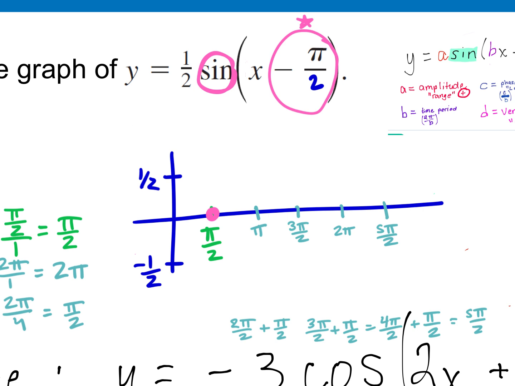Where do we go next? Up to 1/2. So we're going to go up to the amplitude, back down to 0. Where do we go next? Down to negative 1/2, and then back to 0. So our graph is going to look like this.